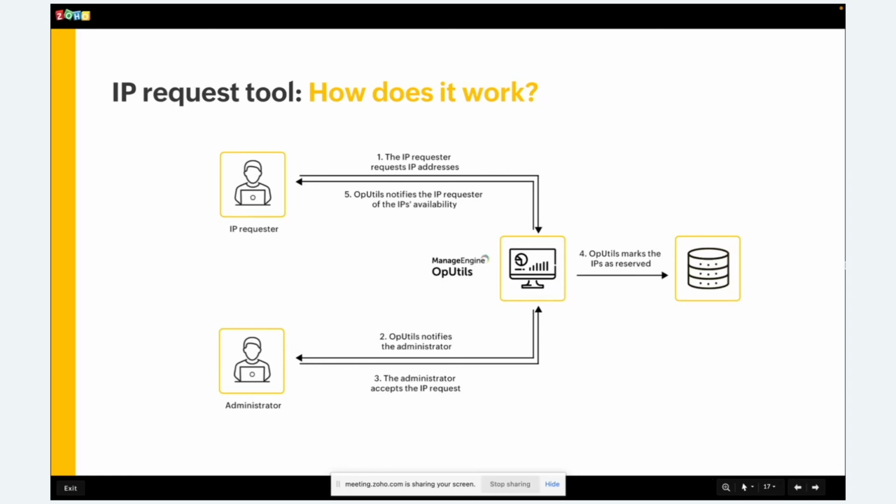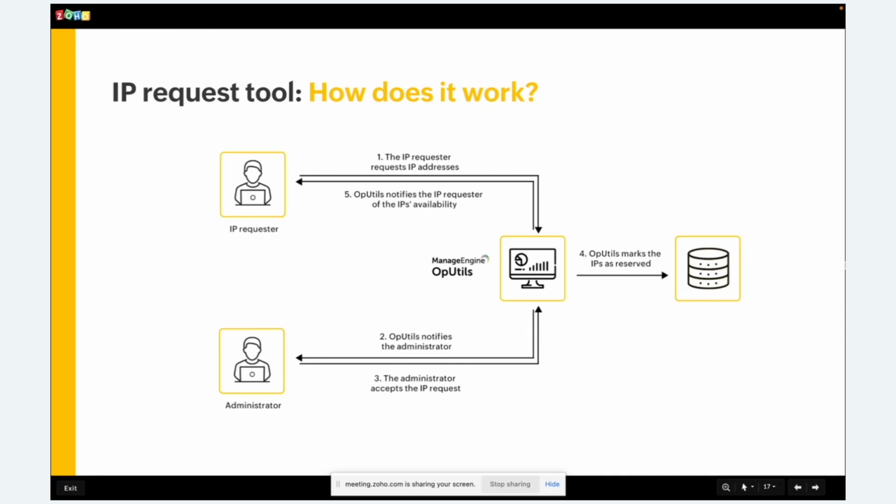If the administrator thinks the IPs can be allocated, he can simply allocate them. If he thinks, no, I cannot allocate you 10, but I can allocate you 5, or 5 from subnet A and 5 from subnet B, the administrator can edit the IP request. And once he accepts, or even if he completely declines the request, whatever action he takes, OpUtils notifies the IP requester.